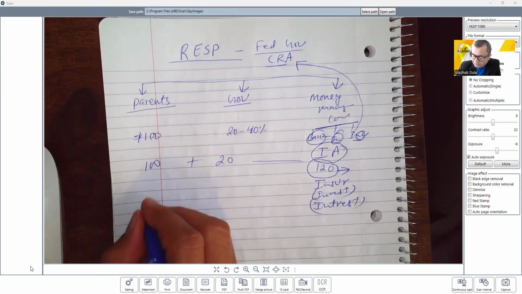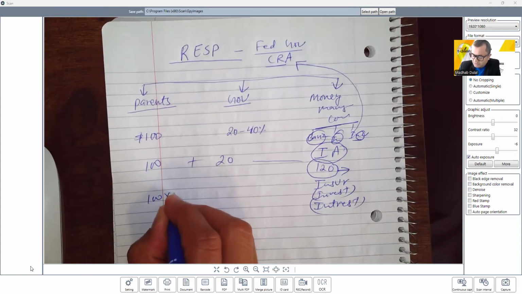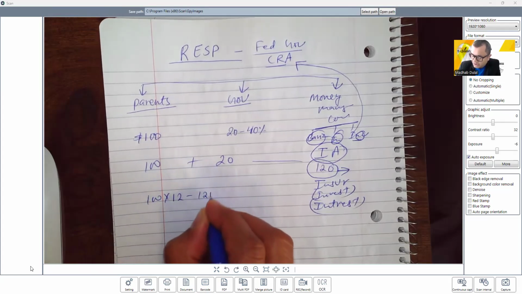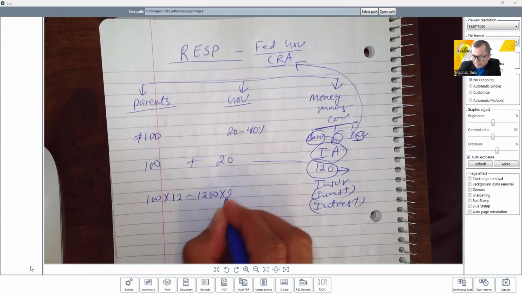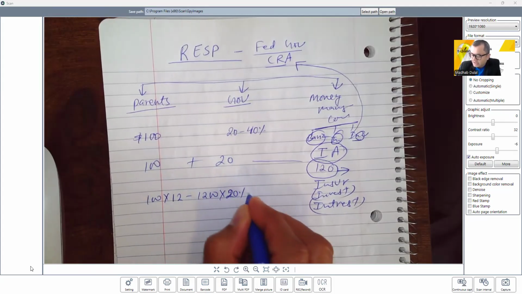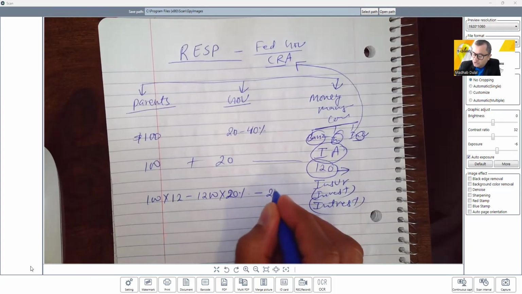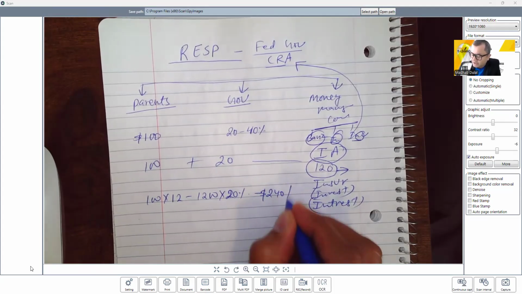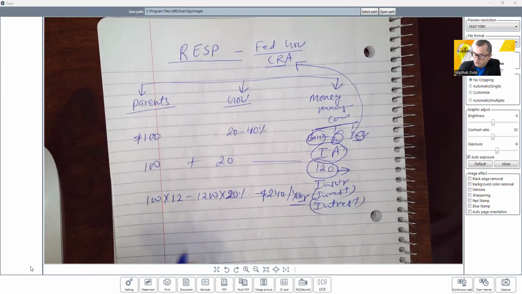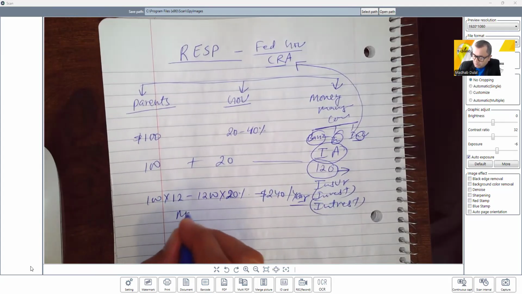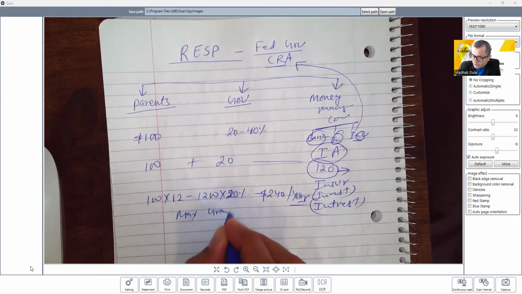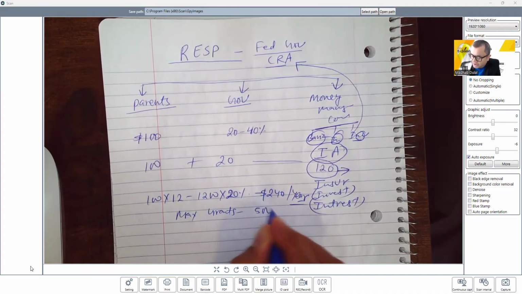Now let me ask you, if you invest $100 per month, that's $1,200 in 1 year. If you get, let's say, 20% grants, you're going to get $240 in grants in 1 year. But let me ask you the question: how much maximum grant can you get in 1 year? That is $500.